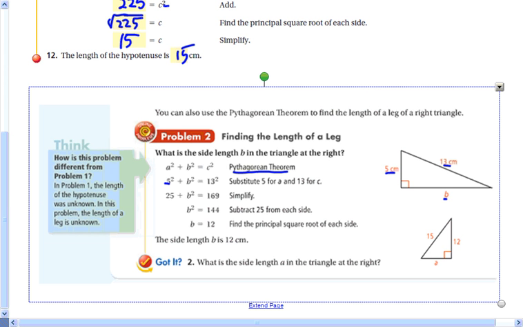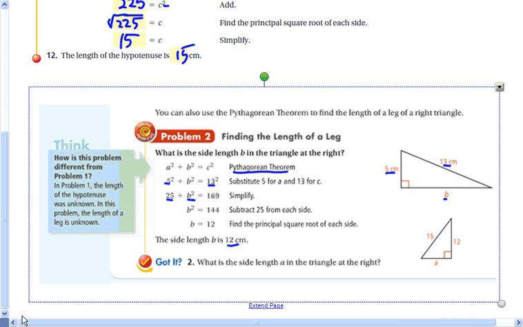We're substituting 5 in for a and 13 in for c, which sets up a little bit different equation. So then we get 25 plus b squared equals 169, by simplifying. Then we can subtract 25 from both sides, and we get b squared equals 144. Then find the principal square root of 144 to find b, and that's 12. So the side length is 12.